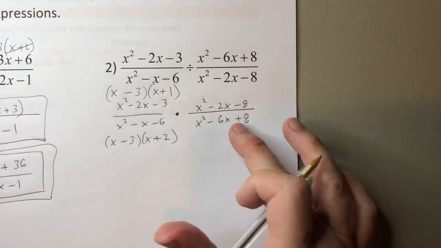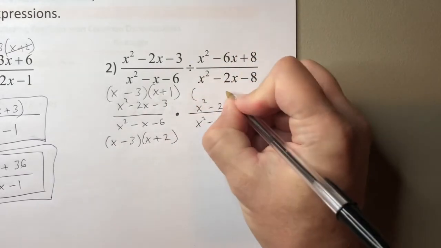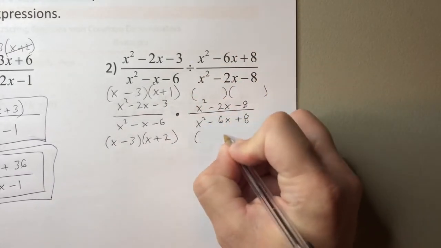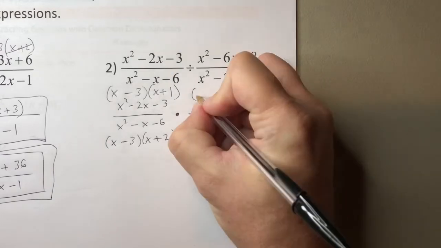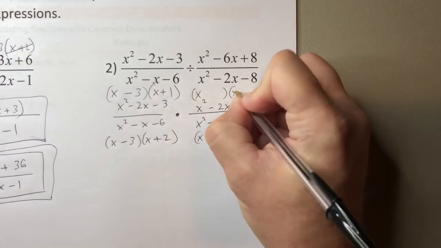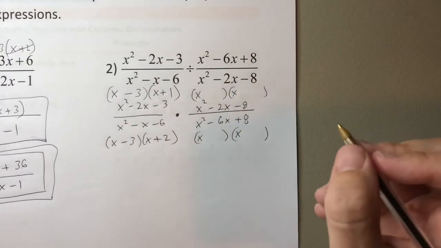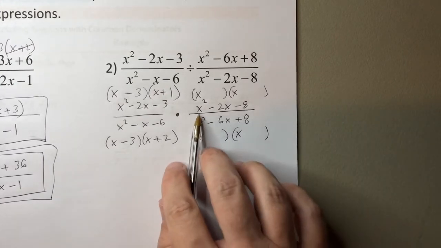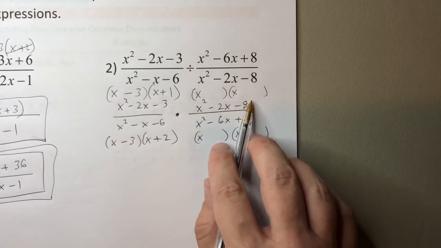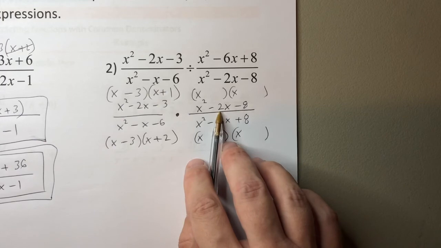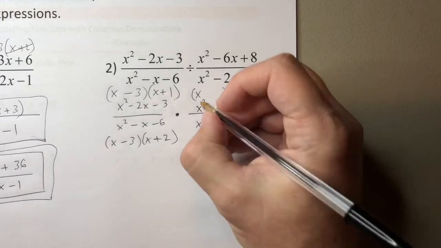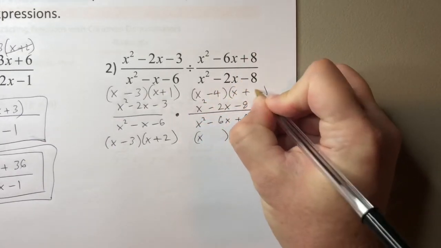And then let's look at the second rational expression, the factorization of the top and of the bottom. We know there are x's everywhere in the first spot. Now the factorization of this one: two factors of 8 whose sum is negative 2. Well, that would be negative 4 and positive 2.